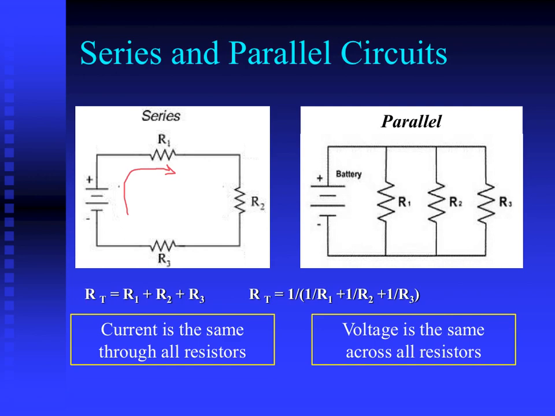The 3 resistors, or loads, R1, R2, and R3, those 3 resistances then add together to make up the total resistance in the circuit. So R sub T here is the sum of R1 plus R2 plus R3.